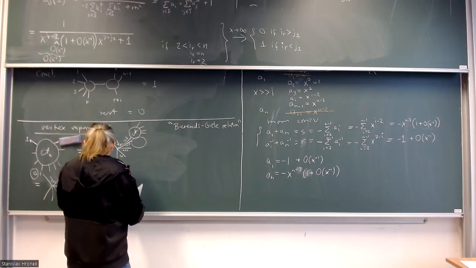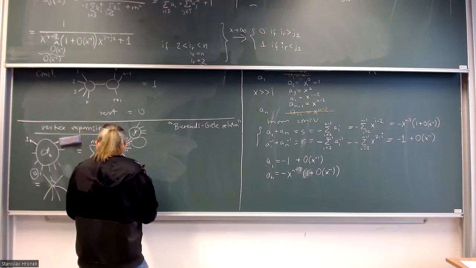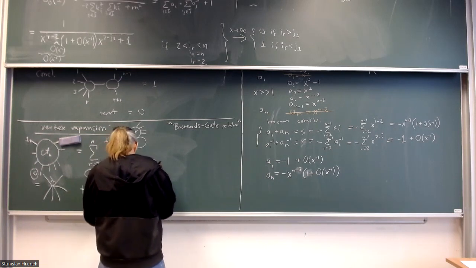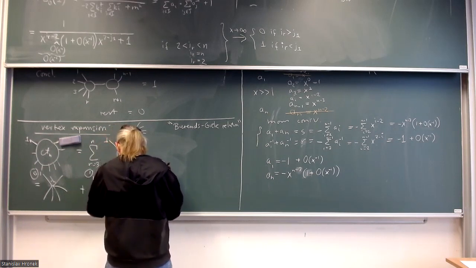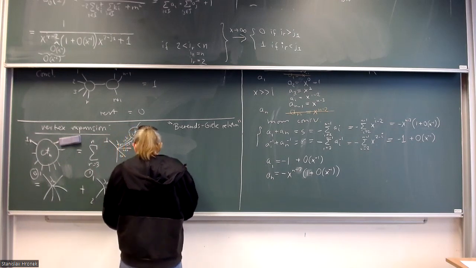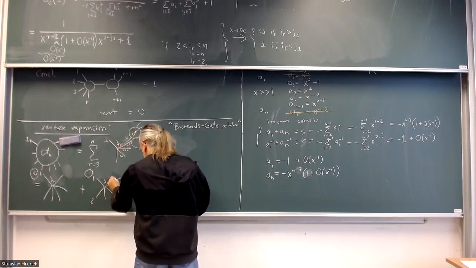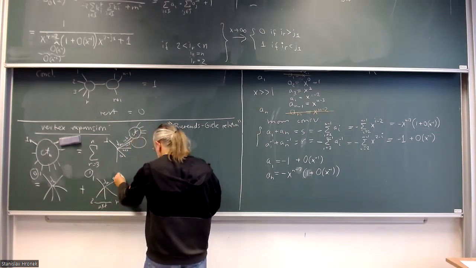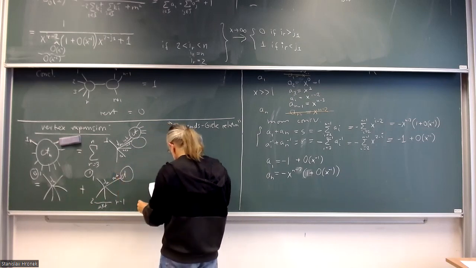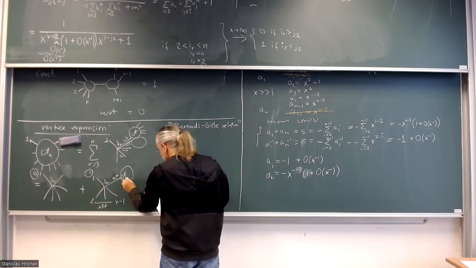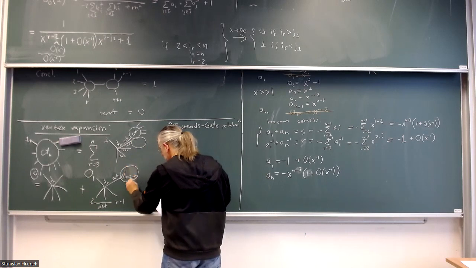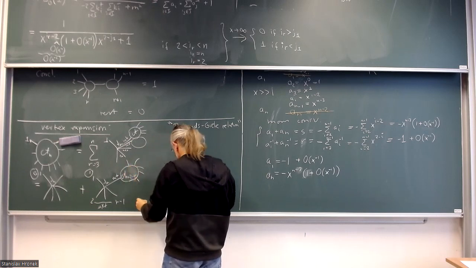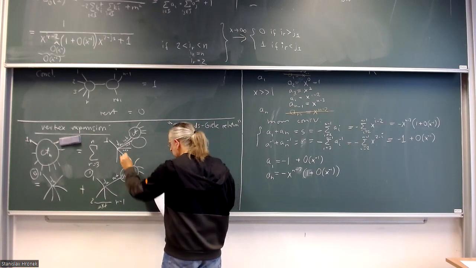So it will be something like 1, and then lambda r, and then 2 up to r minus 1, and then 1 internal line. So here we have external lines, and then here we have an A, and I guess this must be n plus 2 minus r, n.